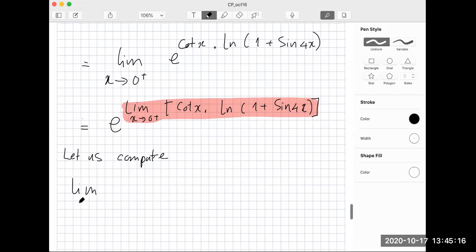Let us compute the limit of the power separately and see what it is: the limit of cotangent of x times natural log of 1 plus sine of 4x.